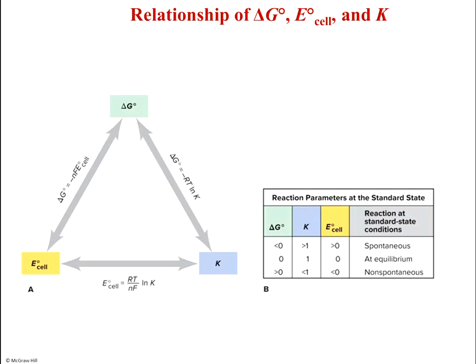So spontaneous reactions under standard conditions have delta G0s that are negative, E0s that are positive. Reactions for which the standard delta G0 is 0 are ones that have equilibrium constants equal to 1, and in those cases E0 cell will also be equal to 0. If delta G0, the free energy under standard conditions, is positive, then the equilibrium constant is less than 1, and E0 for the cell is negative.